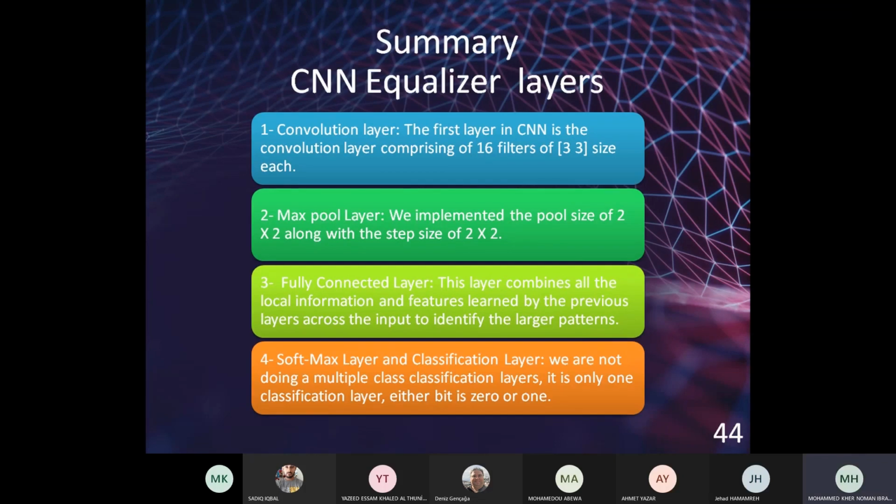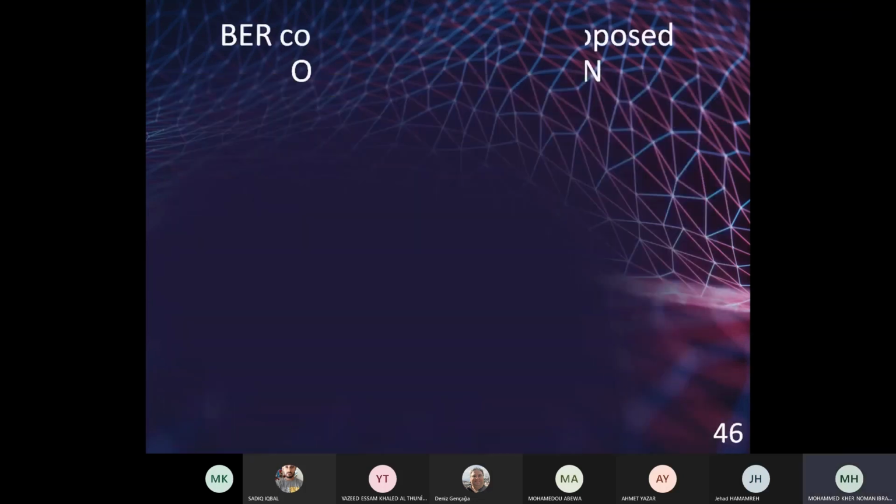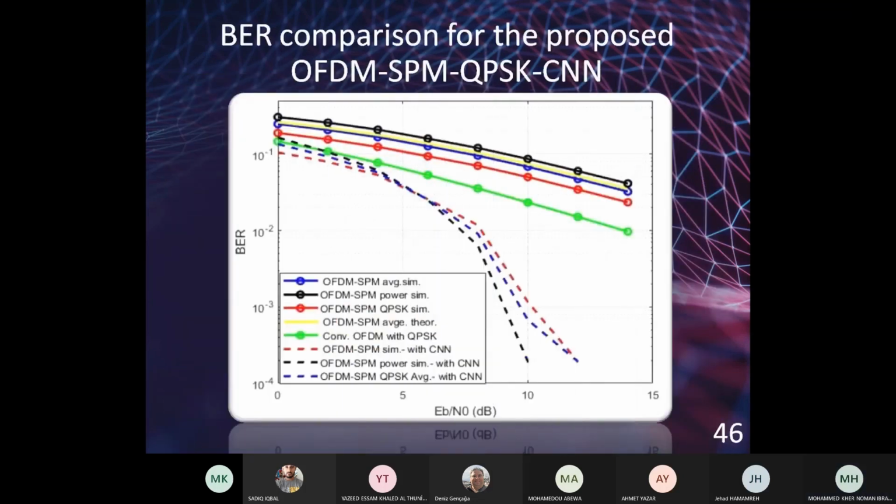Here I want to show my results. We can see in this figure, after making the simulation, I analyzed the region of around 5 to 10 dB SNR. There is a significant improvement in bit error rate as shown.